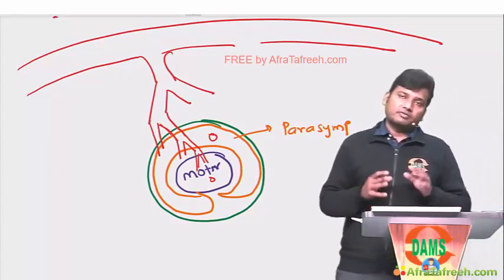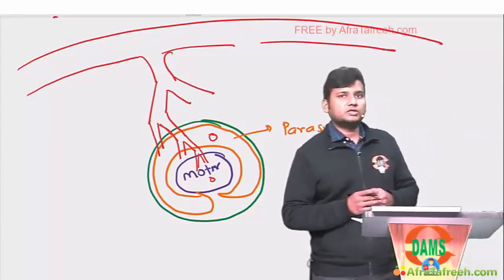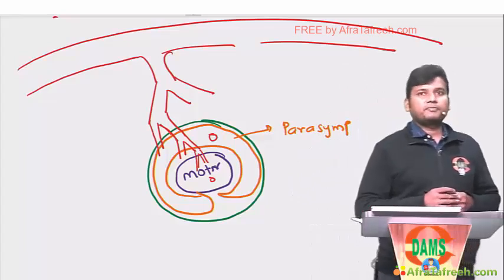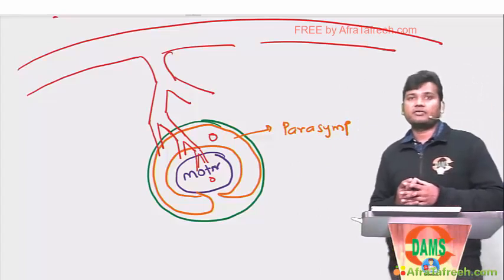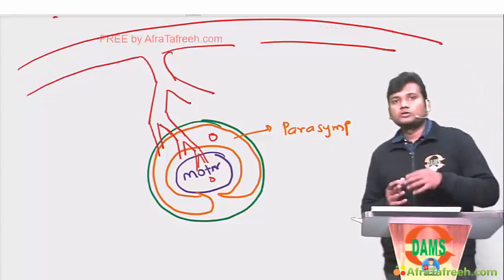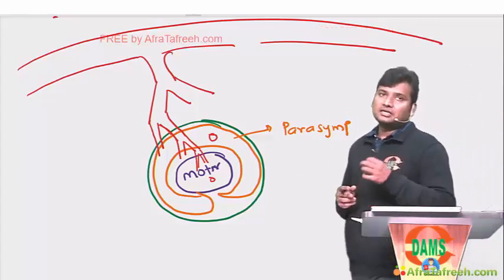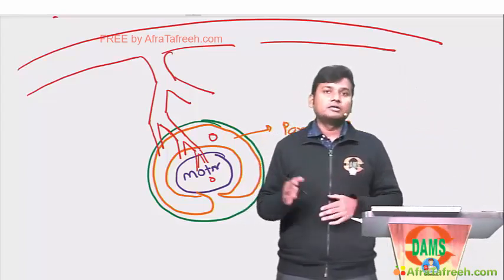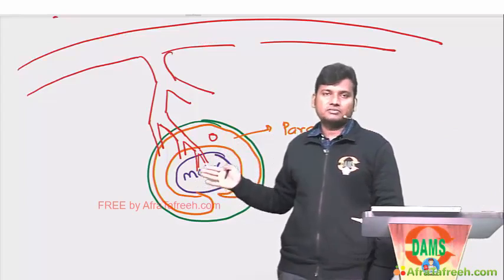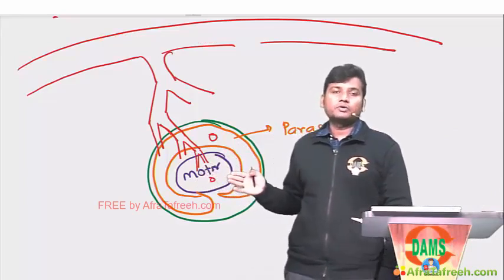So our basic concept: in a patient of diabetes, glycated products will be deposited first in blood vessels which have very small diameter. So in a patient of diabetes, glycated products will be deposited first in the blood vessels which are supplying the motor fiber.